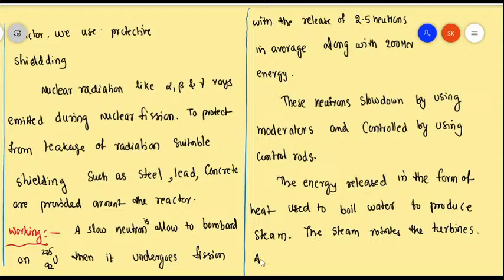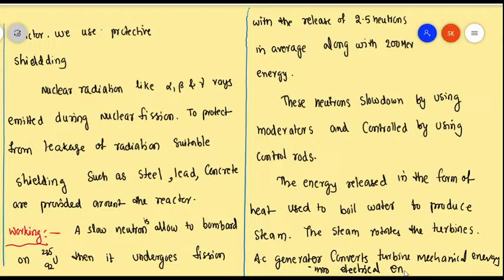Then what will that AC generator do? The AC generator converts turbine mechanical energy into electrical energy. Okay, like this, a nuclear reactor can be used to convert nuclear energy into electrical energy.